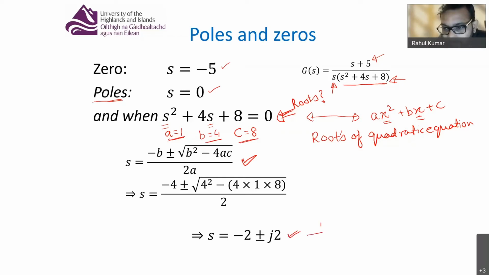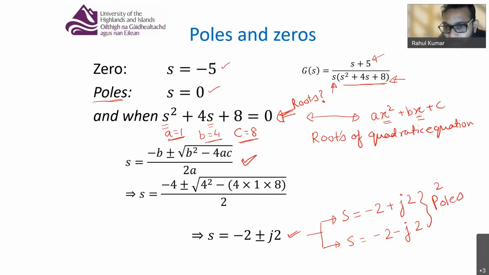So basically I will get two values of s. One value of s will be minus 2 plus j2, and the other value of s will be minus 2 minus j2. Okay, so I got two poles from that equation.